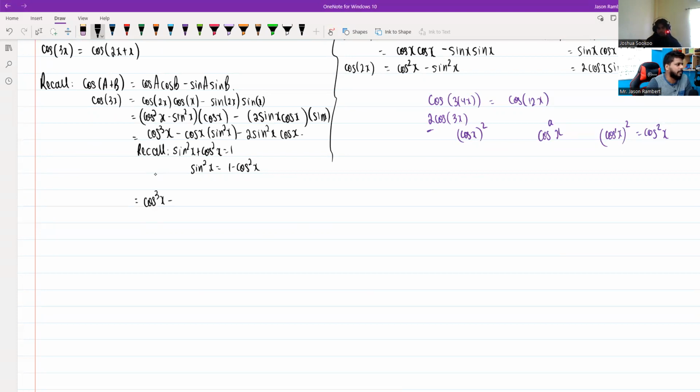Cos cube x minus cosine x into 1 minus cosine squared x, minus 2 into 1 minus cosine squared x multiplied by cosine x. This is cosine cube x minus cosine x plus cosine cube x, minus 2 cosine x plus 2 cosine cube x.